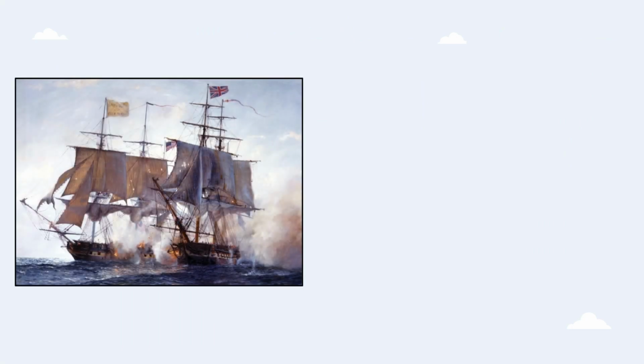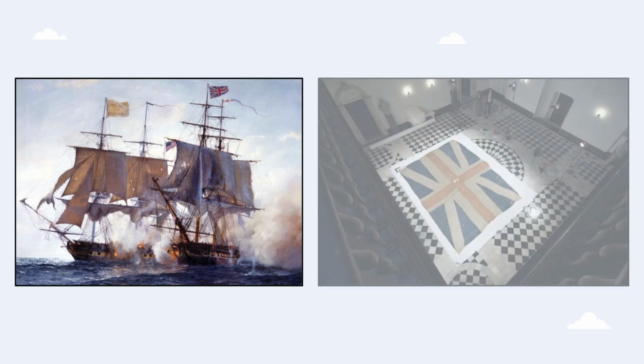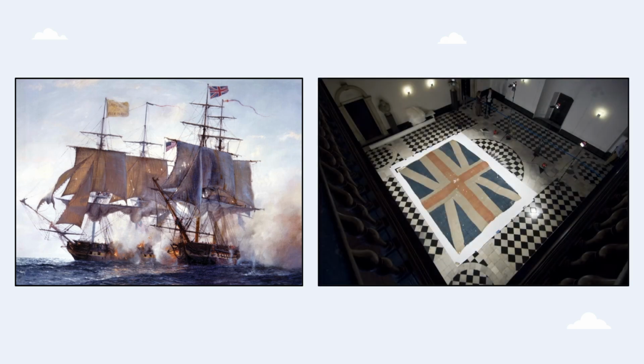And to put this into perspective, the British Navy is the most powerful navy in the entire world at this point. And here's an example of some of their ships compared to an American one. I know it's hard to tell for the scale here, so I want to show you an example of their flag. If you look at the top of that ship on the right, there's a British flag. And this is an example of a saved one from hundreds of years ago.